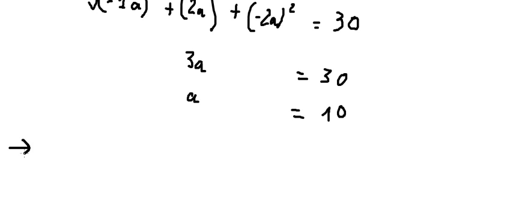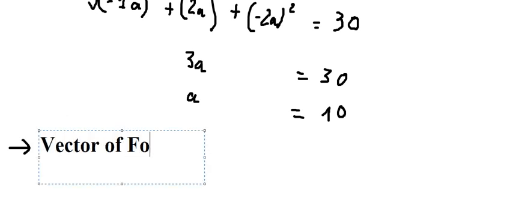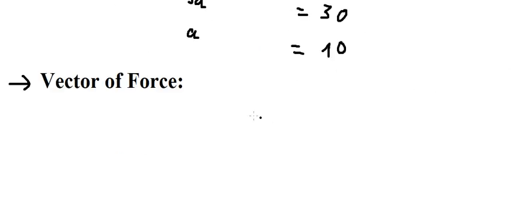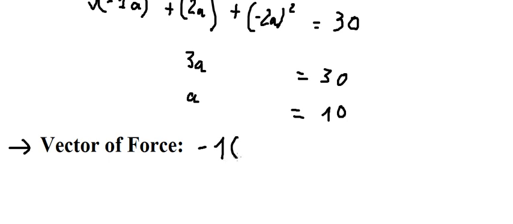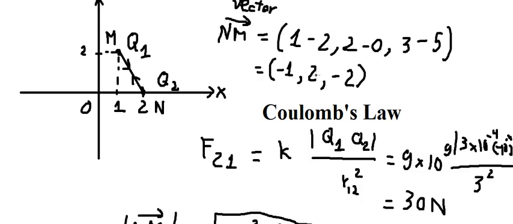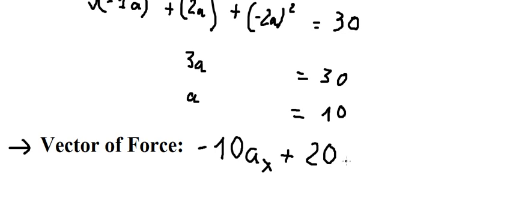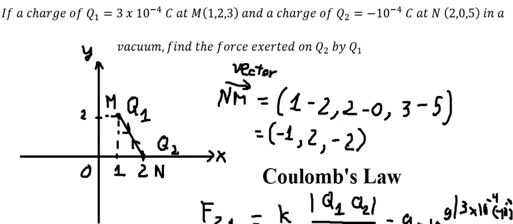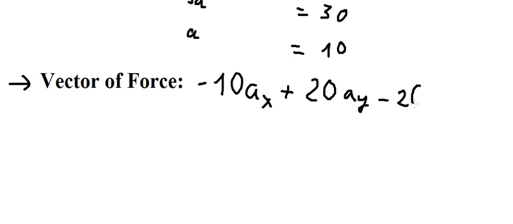So we have the final answer. 10 multiplied by negative 1, we have negative 10 ax. 10 multiplied by 2, we have 20 ay. 10 multiplied by negative 2, we have negative 20 az. And the unit is Newton.